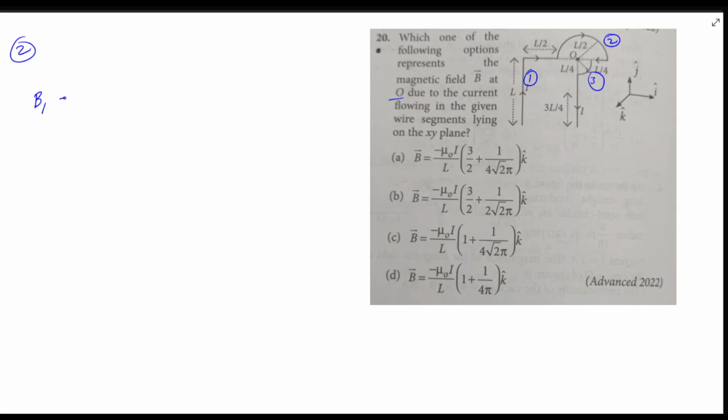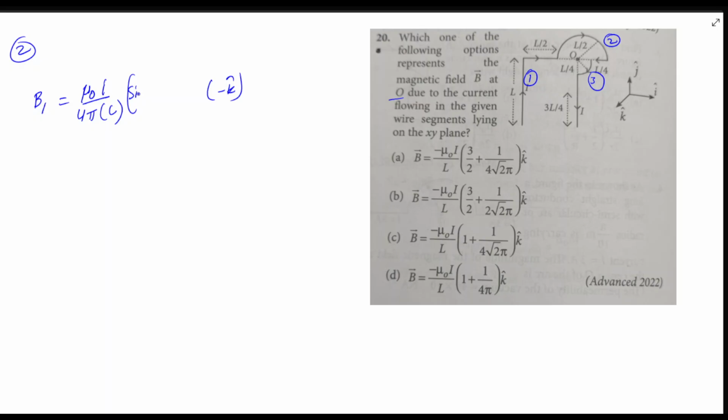Let us find B1, the magnetic field due to the first wire. The direction will be minus k cap; you can use the right hand thumb rule. Now the magnetic field will be mu naught I upon 4 pi r times sin theta 1 plus sin theta 2. Here r is L, since this is L by 2 and this is L by 2.